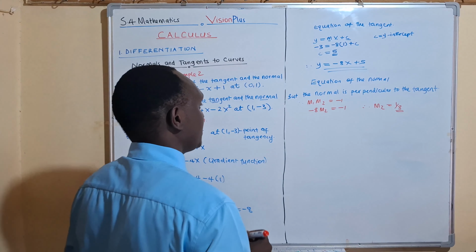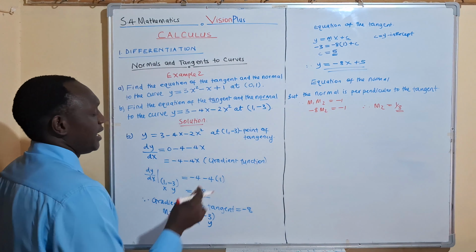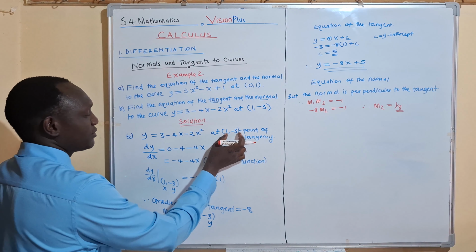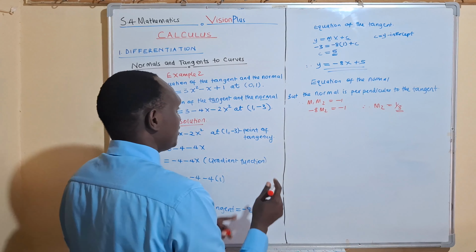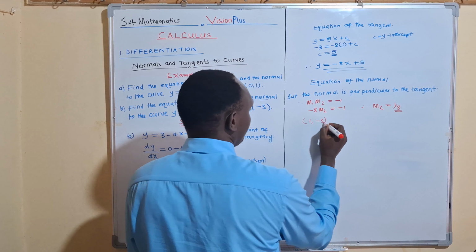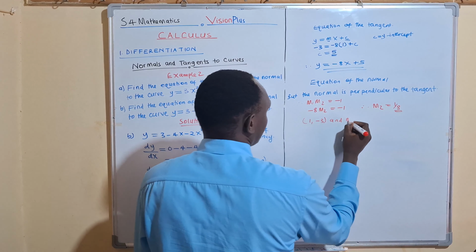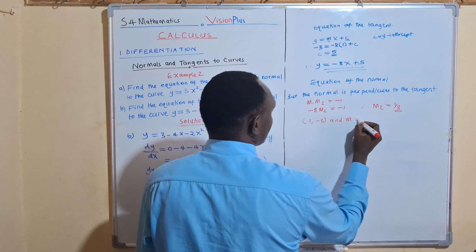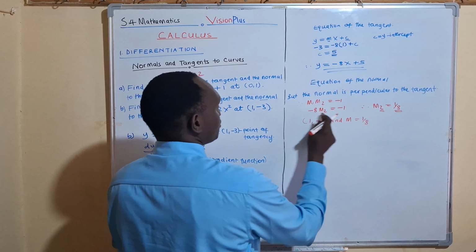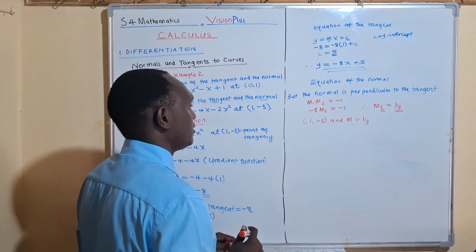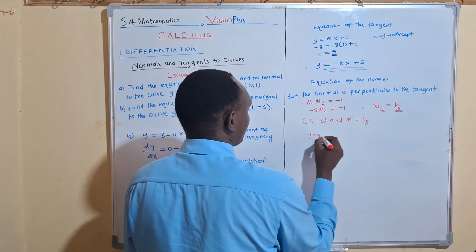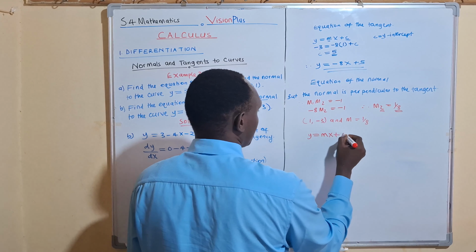Now, after getting the gradient of the normal, and you know that the normal also passes through the point of tangency, then you can use this point of tangency (1, -3) and the gradient of the normal, which is 1 over 8. These two subscripts were just put to distinguish between the two gradients. So a normal is also a line given by y equals mx plus c.